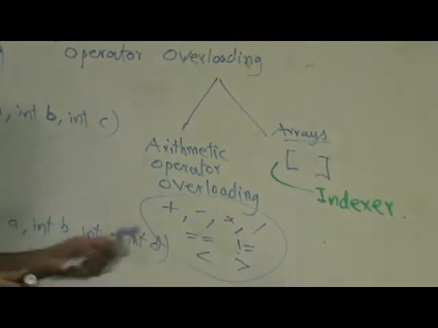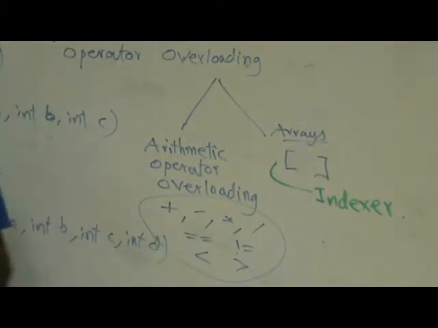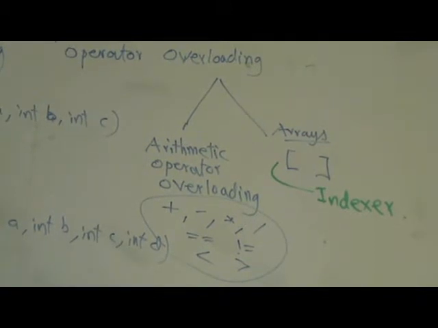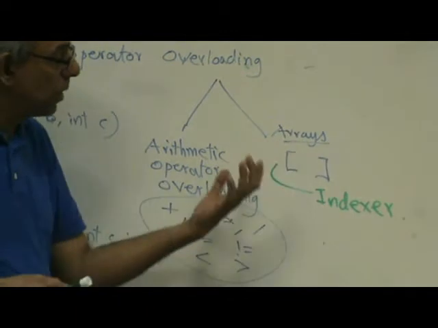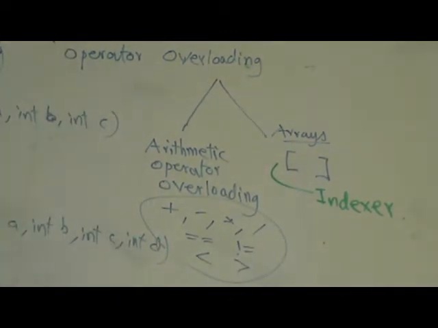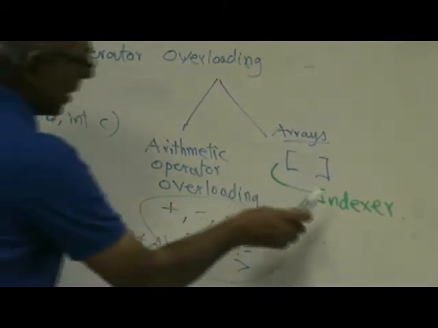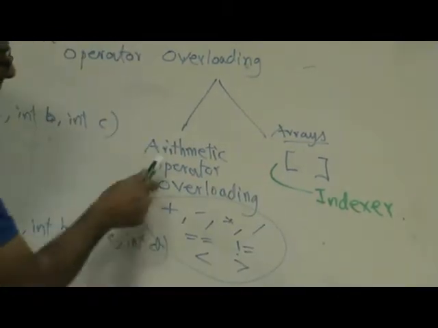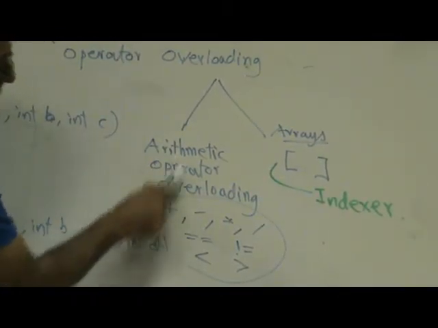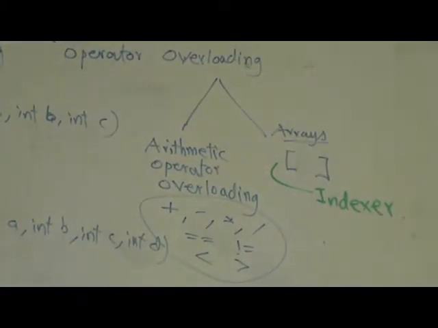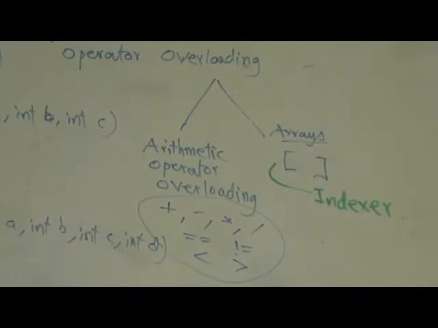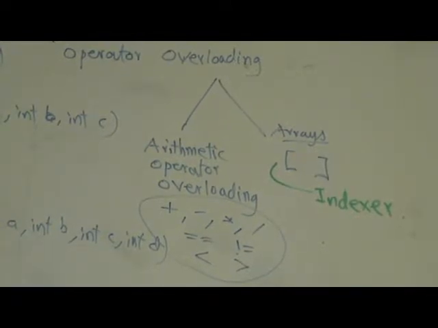Think of it, whatever index we put over here, that's the element of the array that we are trying to access. So the overloading is termed as an indexer. This is a tiny bit complicated. This is very easy. So let me at least cover this part today, show you how straightforward it is. And then next lecture we'll cover the indexer.